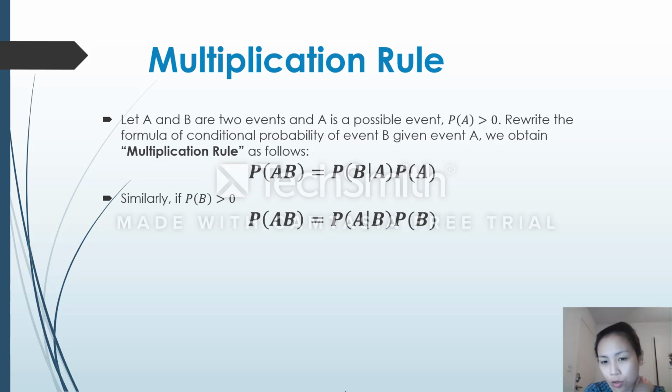Now we pay attention to these two equations. We see that the left hand side is identical to the left hand side, so for sure the right hand sides of these two equations are the same.